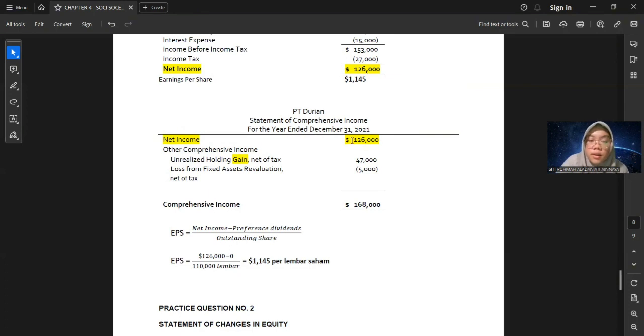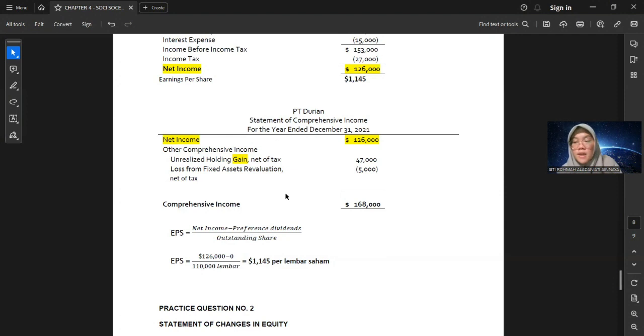Put it here, and then other comprehensive income, and then unrealized holding gain, net of tax, loss from fixed asset revaluation. Unrealized holding gain and loss from fixed asset revaluation are components of the statement of comprehensive income.